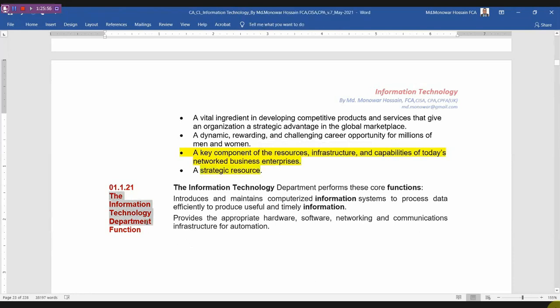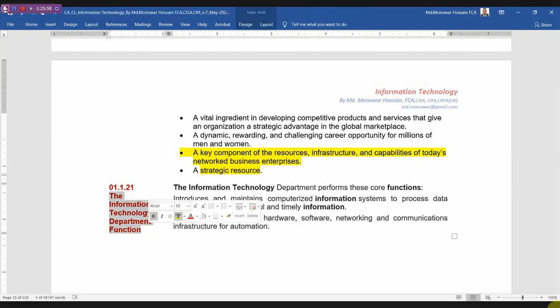The information technology department function. So the IT department's function is to introduce and maintain computerized information systems to process data efficiently and effectively to produce useful and timely information.